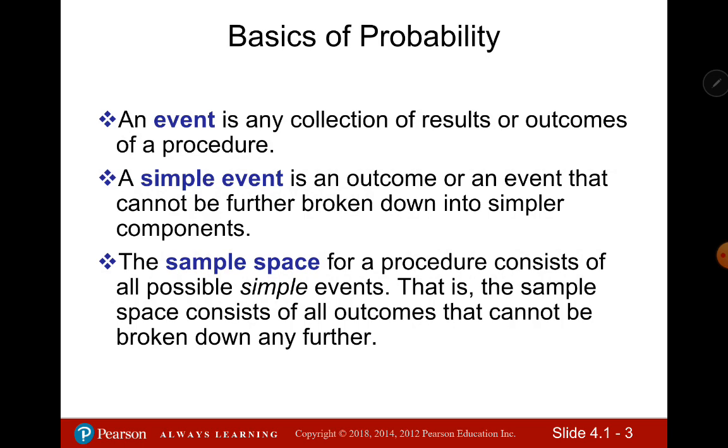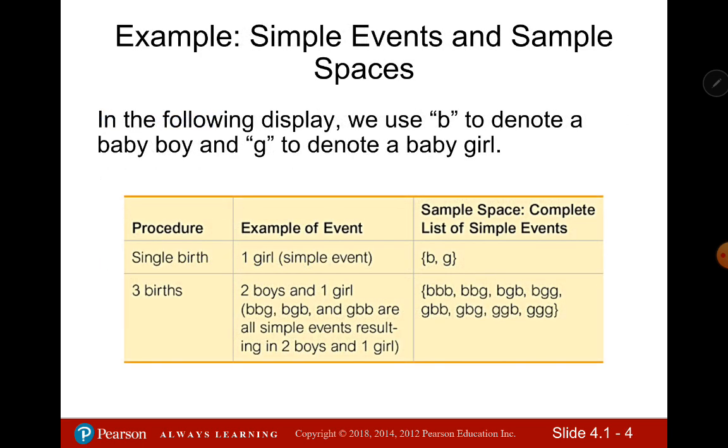Let's check an example to help you understand these definitions better. Here we will use letter B to denote a baby boy and the letter G to denote a baby girl. Let's see the procedure first. Procedure 1, single birth.